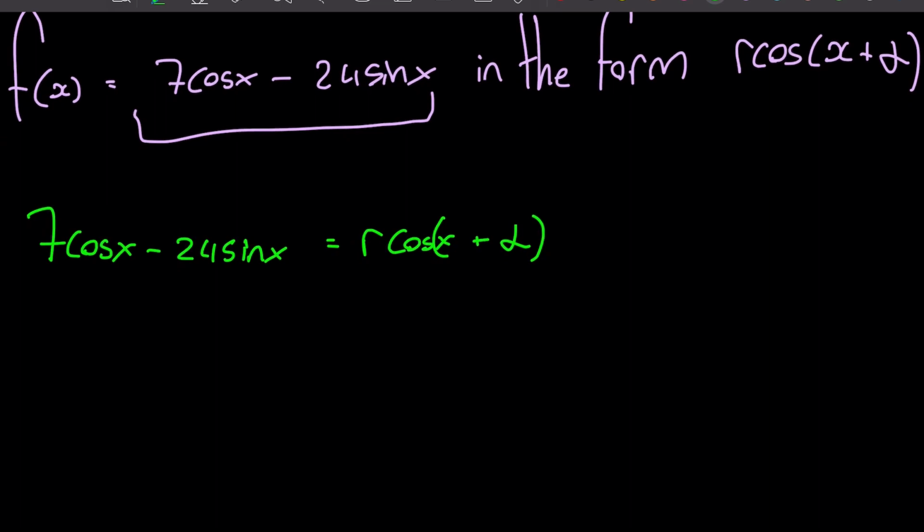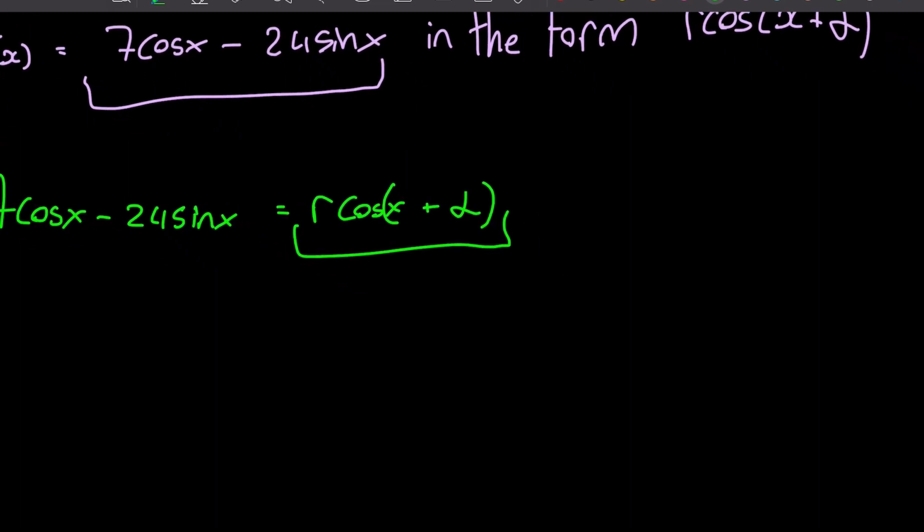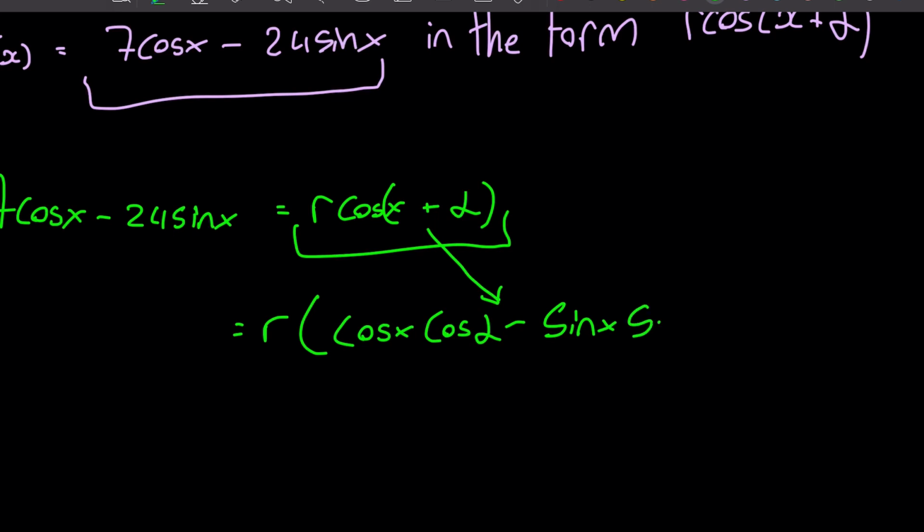So this is going to be equal to r times cos x cos alpha minus, remember it has to be the opposite of the sign inside the brackets, minus sin x sin alpha. And expanding this, we'll get r cos x cos alpha minus r sin x sin alpha.